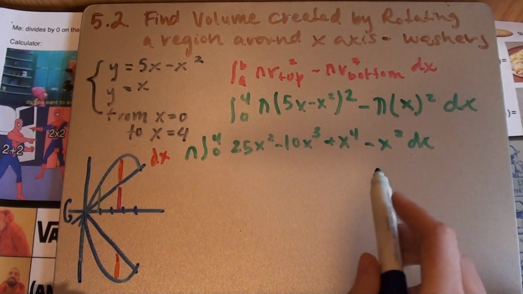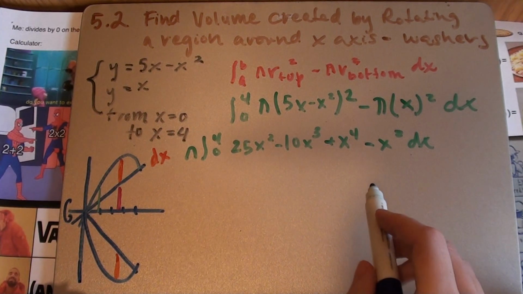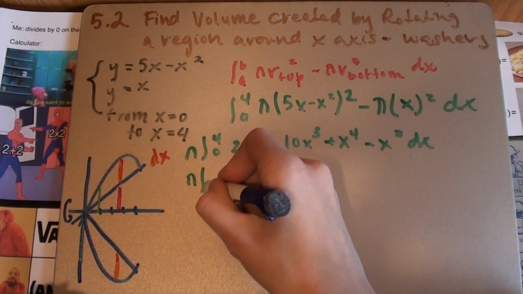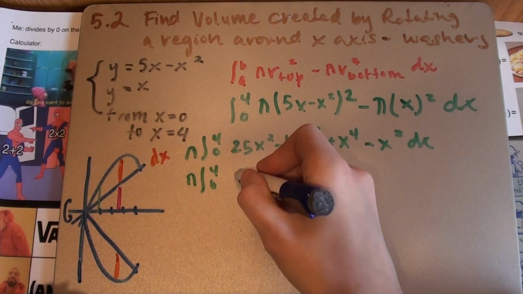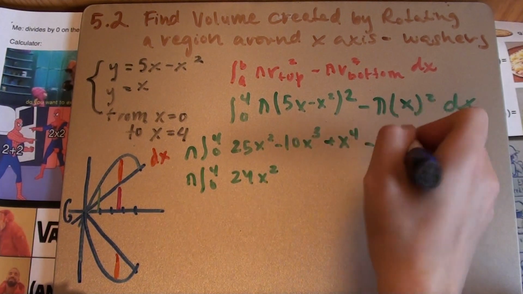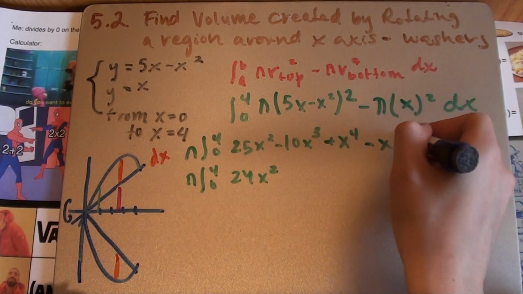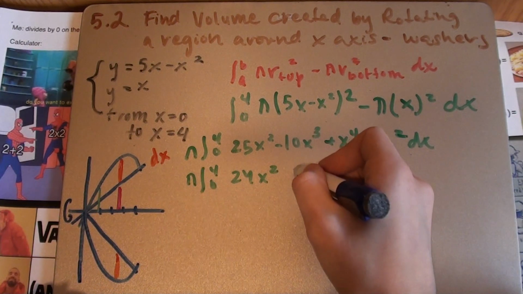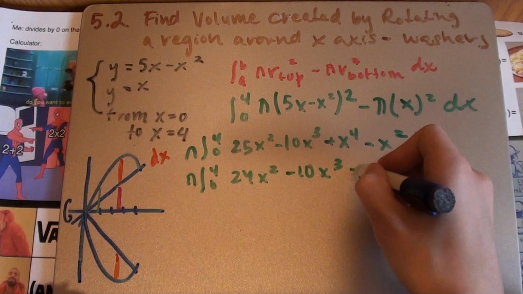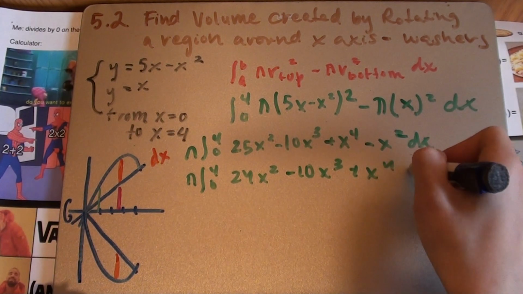Right? So now we're going to combine our like terms. We're going to get pi, 0 to 4 still, and then this is going to be 24x squared, so these two are going to subtract out, that's x squared. And then we're going to have our minus 10x cubed plus x to the 4th dx.